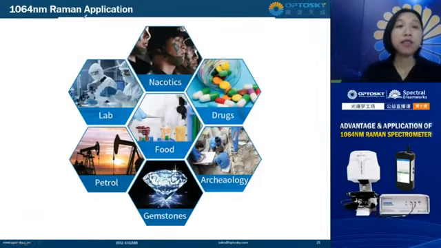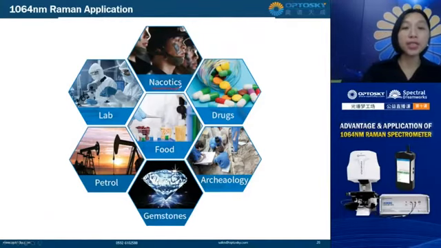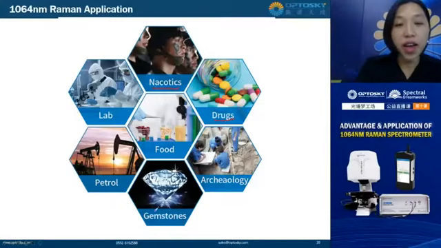And 1064 Raman spectrometers are applied to identify drugs, to identify gemstones, and also widely used in food safety, archaeology, and petrol and labs.